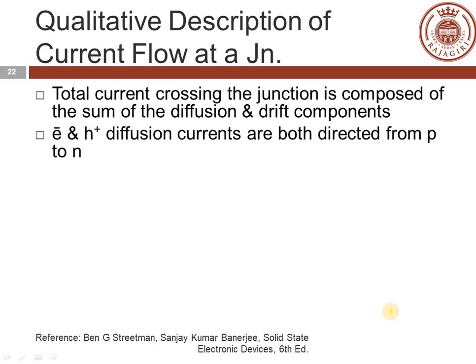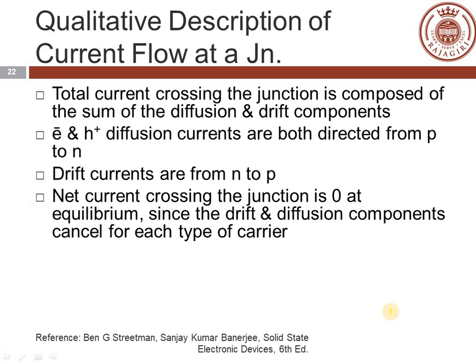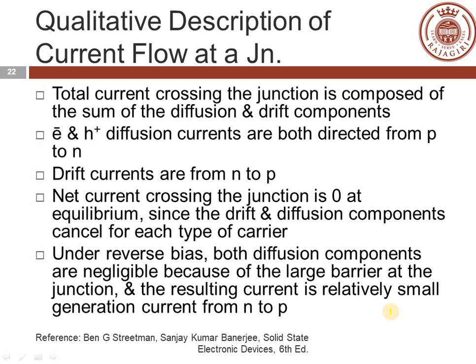Electron and hole diffusion currents are both directed from P to N. Drift currents are from N to P. Net current crossing the junction is 0 at equilibrium, since the drift and diffusion components cancel for each type of carrier. Under reverse bias, both diffusion components are negligible because of the large barrier at the junction, and the resulting current is relatively small. Generation current is from N to P.